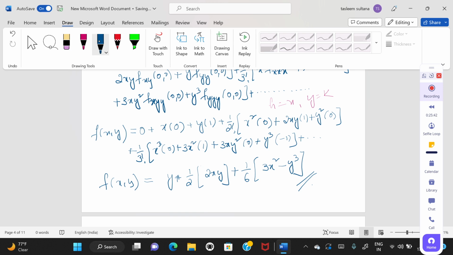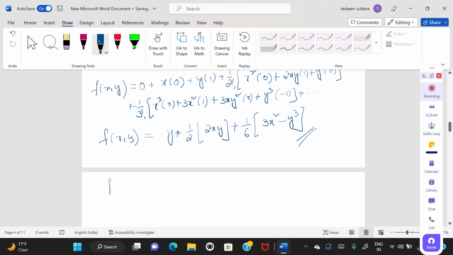If you want, you can still simplify. f of x comma y is equal to y plus, this 2 and this 2 will get cancelled, it's equal to xy, then plus what term we got here?